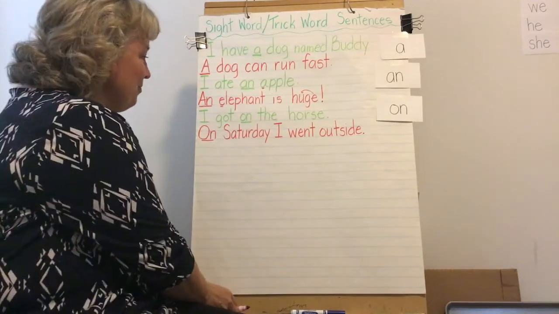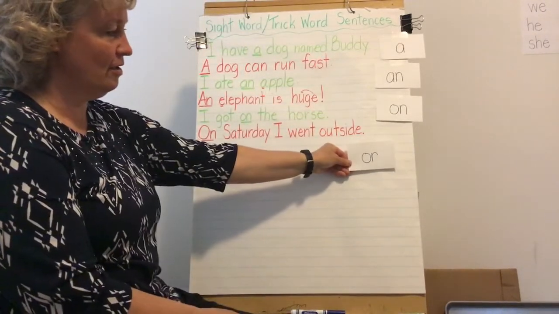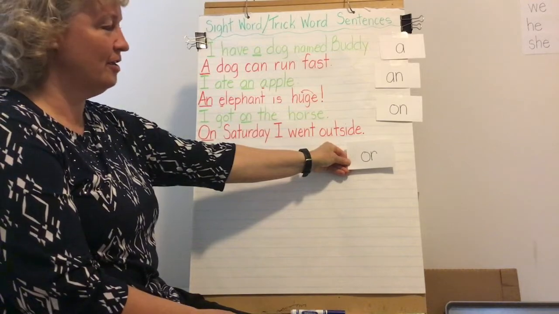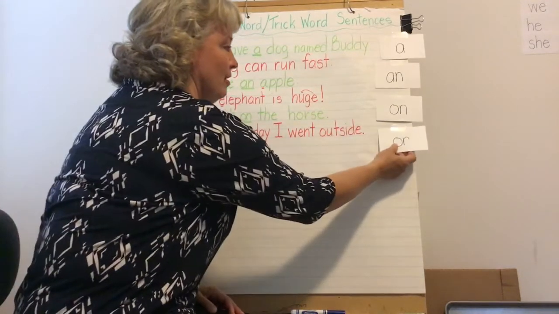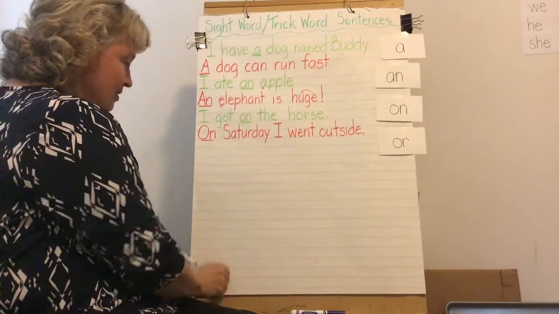All right. Here we go. Next word. What is that word? Did you say or? All right, here we go. You see if you can think of a sentence.